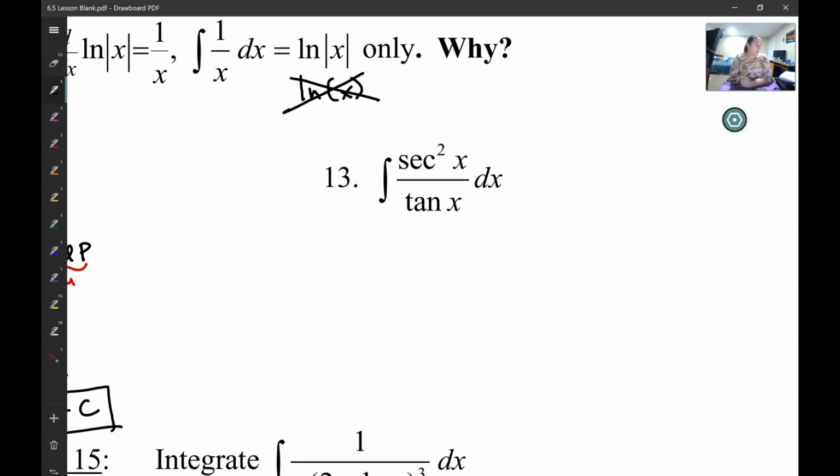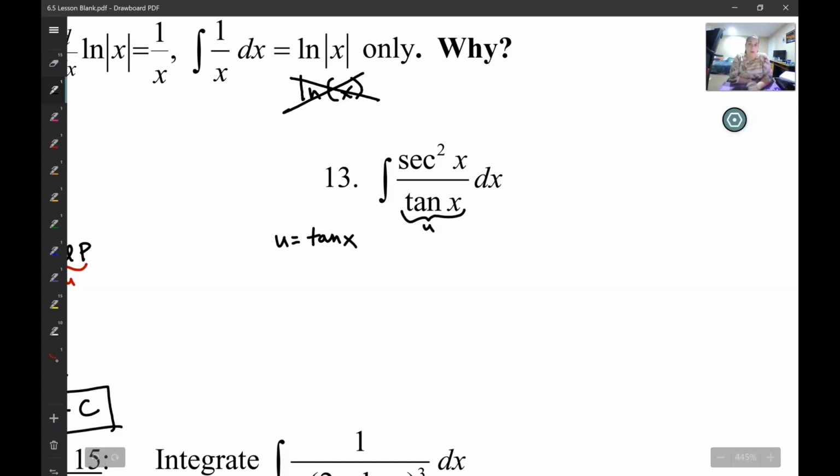Let's try number 13. I'm going to have you start this one, but I will give you a hint. Make tangent your u. And the way I know that is because the derivative of tangent is secant squared. So with that hint, I want you to try this one out on your own.